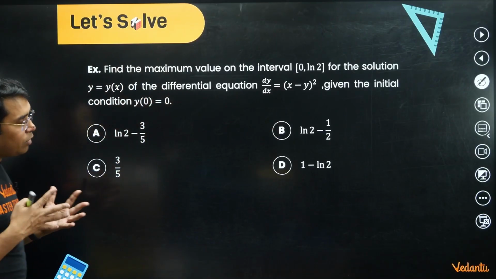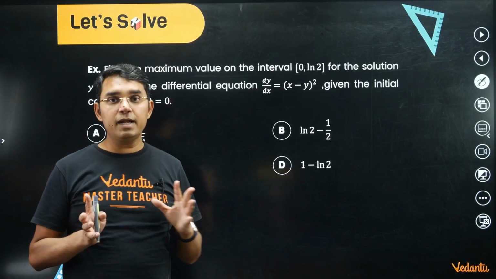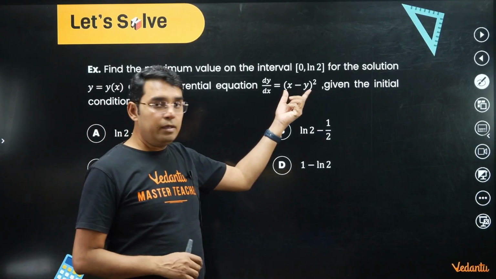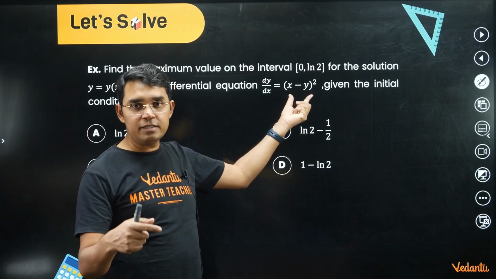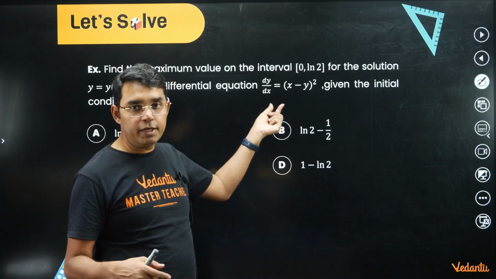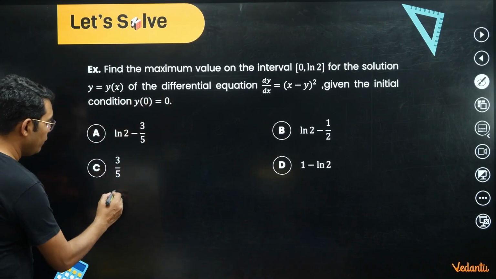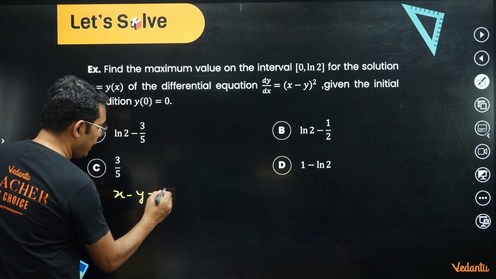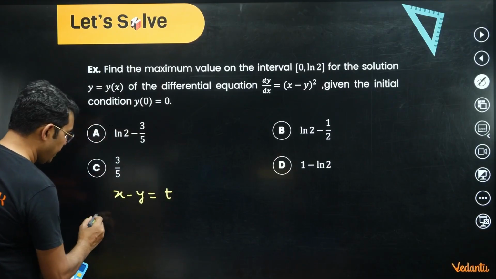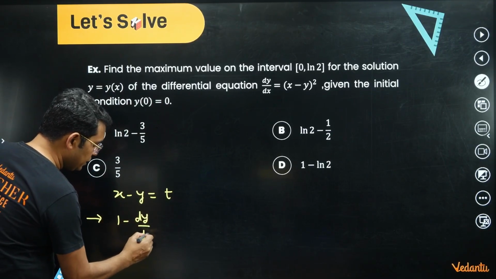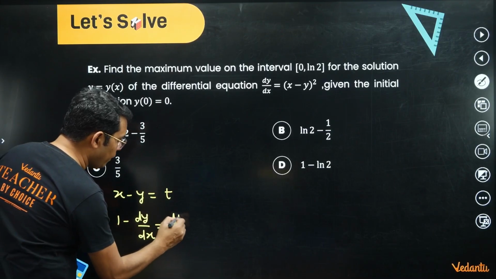So to solve this question, I think this is not directly variable separable, it is actually reducible to variable separable, where we are given x minus y equal to dy upon dx. So the very standard thing is we put x minus y as t. Now if we do this, its differentiation is 1 minus dy upon dx is equal to dt upon dx.